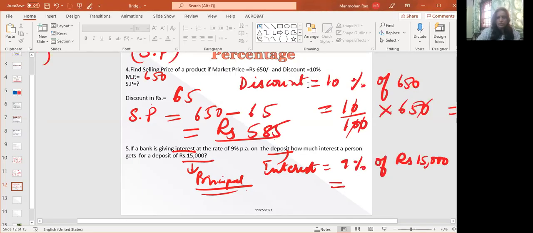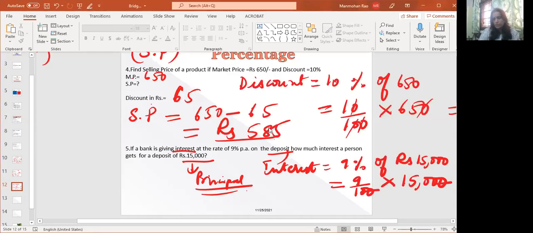Has anybody calculated, so that I can take the answer directly? Interest is 1350. Is it correct? Yes. Let us see how you calculated. 9 divided by 100, multiplied by 15,000.